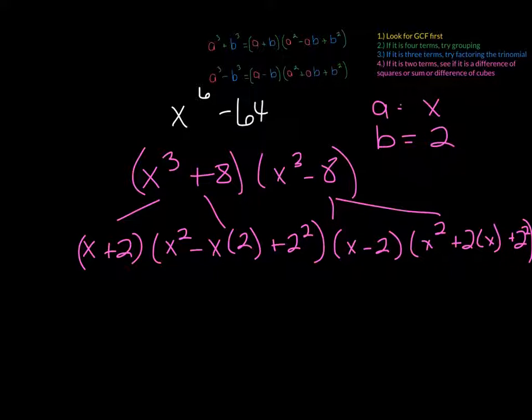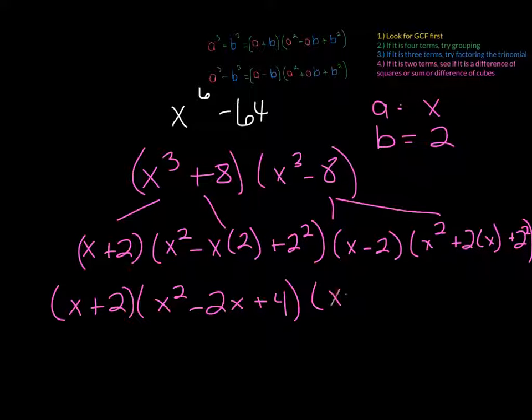Now let's just go back and simplify these. X plus 2, and then x squared minus 2x plus 4, and then x minus 2, x squared plus 2x plus 4. And that's all you can do to these.